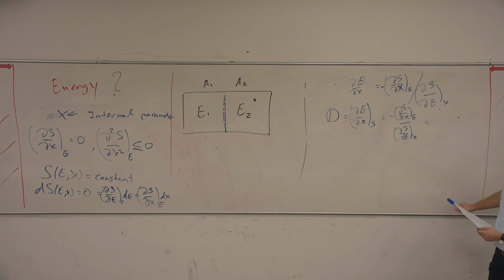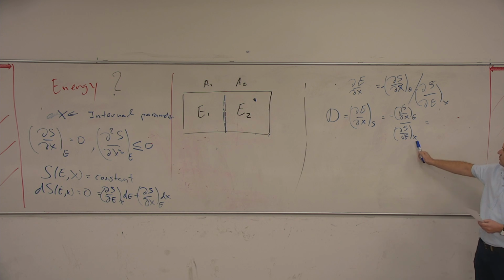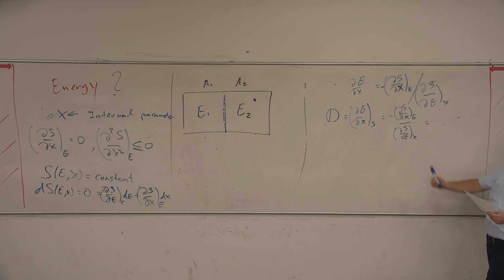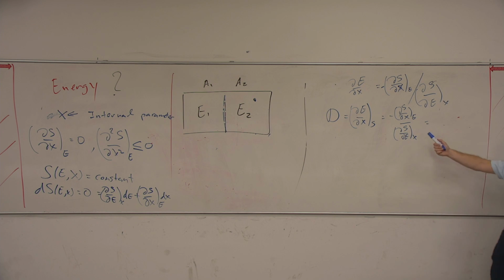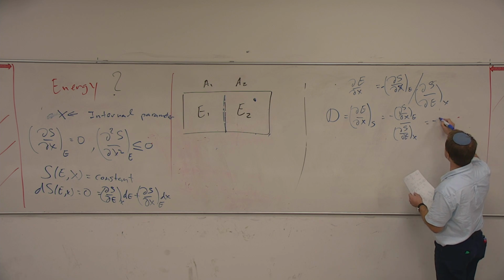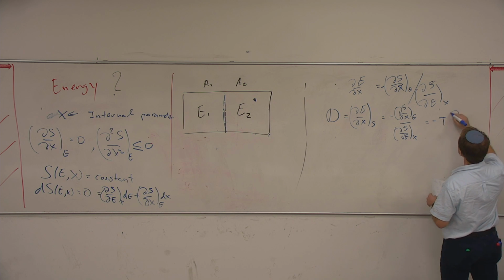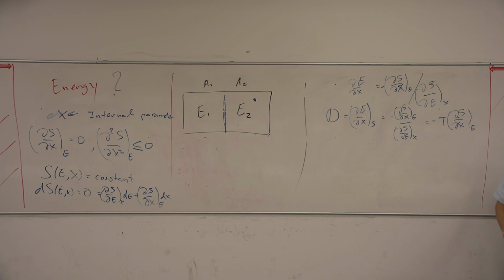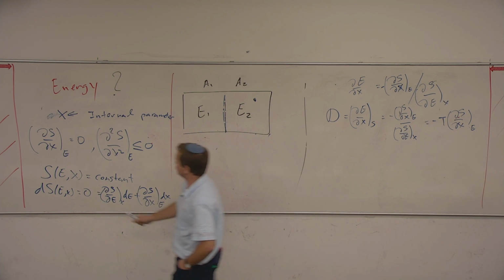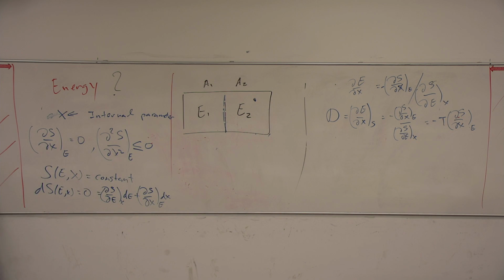And what is ∂S/∂E with x constant? What is ∂E/∂S? Temperature. So this is 1 over temperature. So we have minus T times ∂S/∂x at constant E. What is ∂S/∂x at constant E? 0. Okay, so we have this.